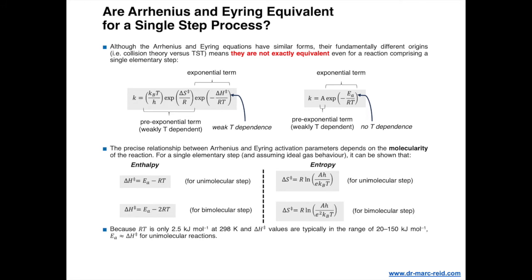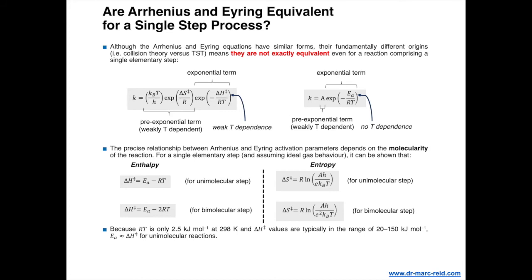The precise relationship between these equations is dependent again on the molecularity of a reaction. In other words, the relationship between delta H trans and E subscript A, and between delta S trans and A, is different for uni and bimolecular processes. See the four equations in the grey boxes near the centre and bottom of the slide.